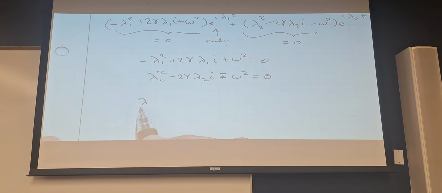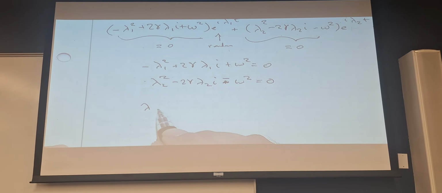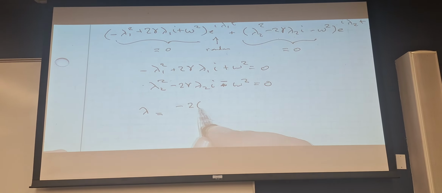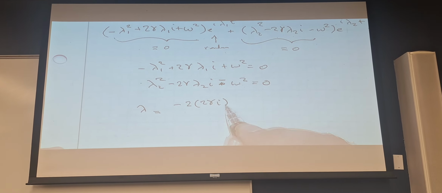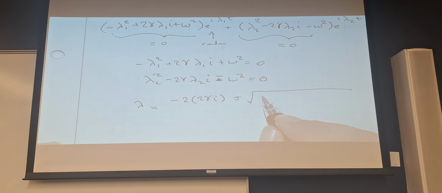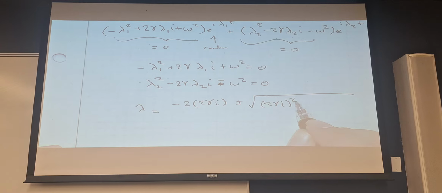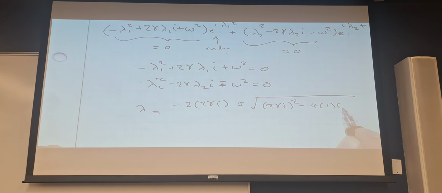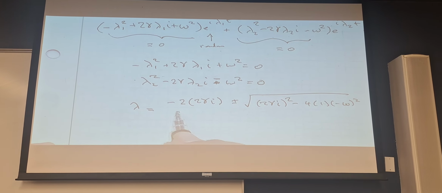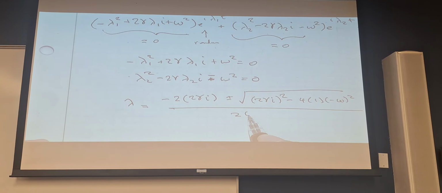Okay, so we do this. Minus 2 gamma i plus or minus the square root of 2 gamma i squared minus 4 times 1 times omega squared, all over 2 times 1.